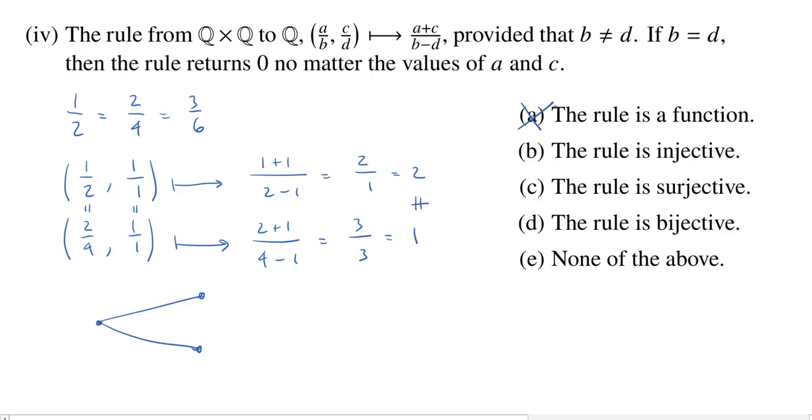Now, in the directions for the problem, we said we can ask whether a rule, even if it's not a function, is injective. So, let's try it. Can you get the same outputs by using different inputs? Well, we already have a couple here that we've computed, so maybe we can figure out another way of getting, say, a 1 out.